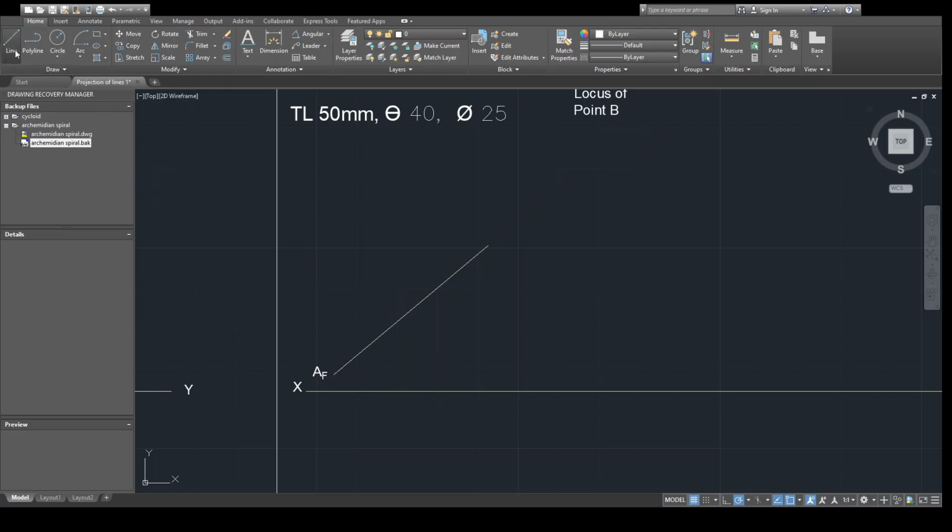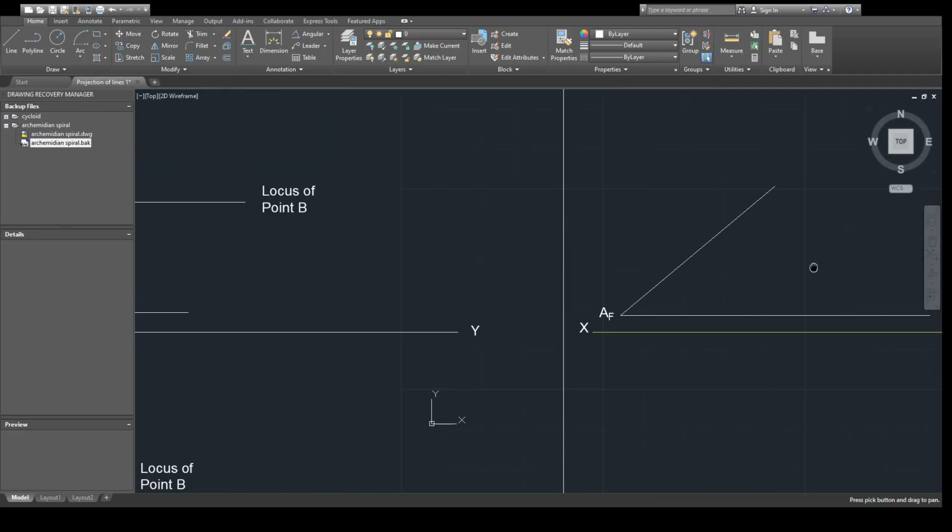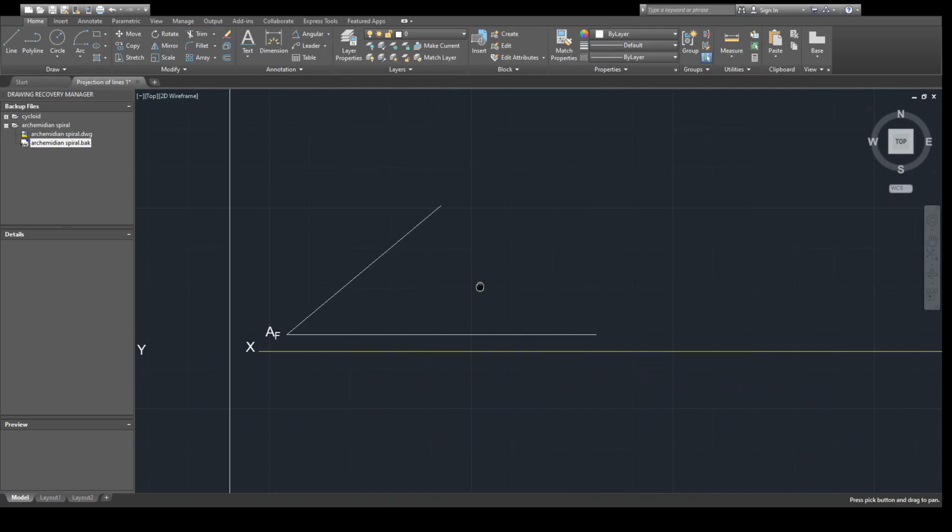Okay. So this is my locus of point A. I will copy these same nomenclatures, and this is locus of point B. Remember, locus determination is very important.